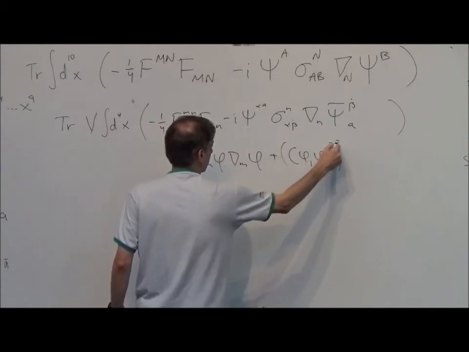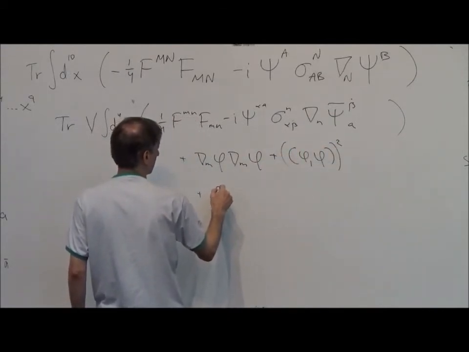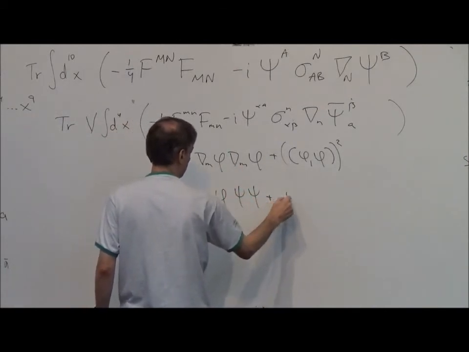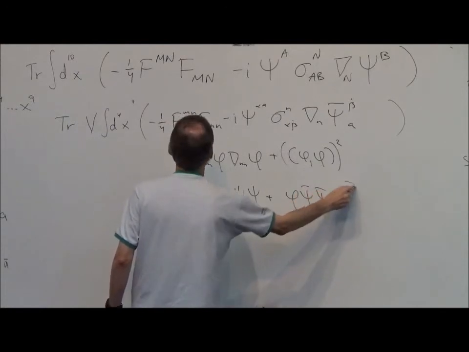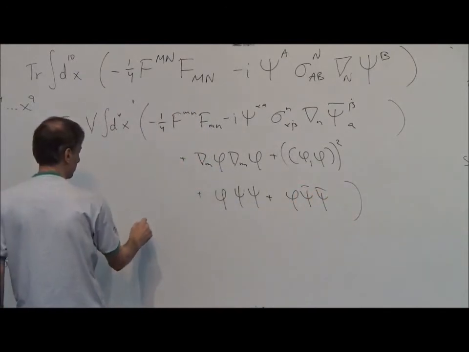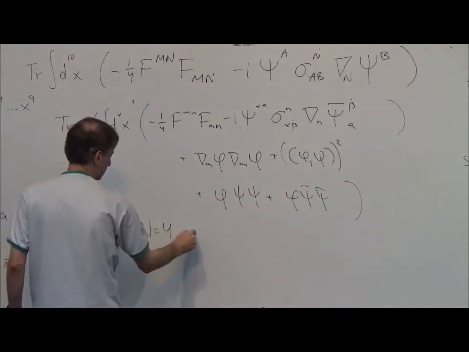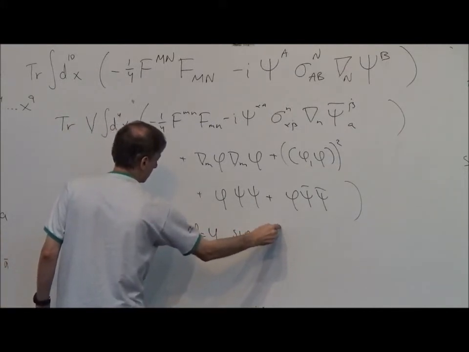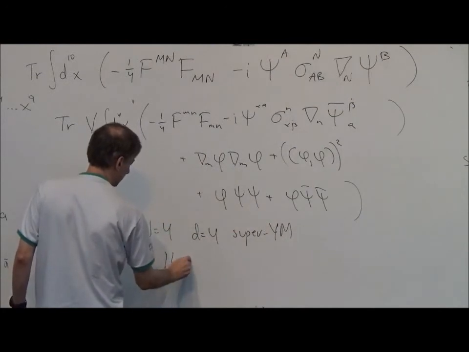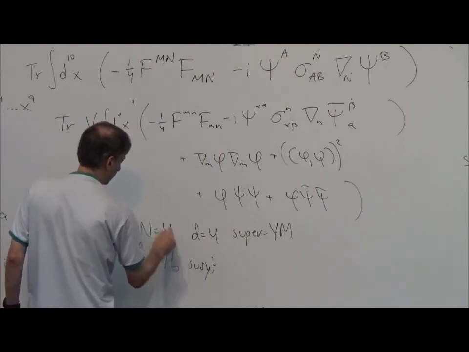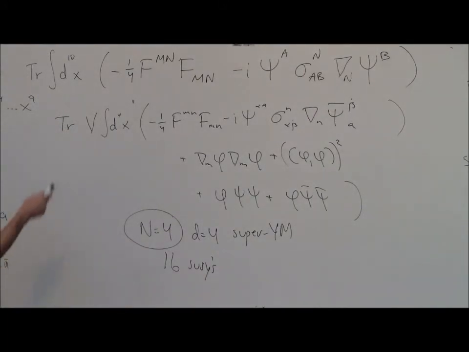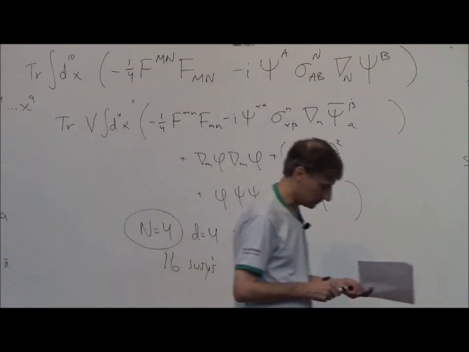So we'll see all this tomorrow. So this Lagrangian here is called N equals 4. And it has 16 supercharges. This N equals 4 signifies it has 4 times as many as the minimal amount. Okay, so this is what we'll discuss tomorrow.